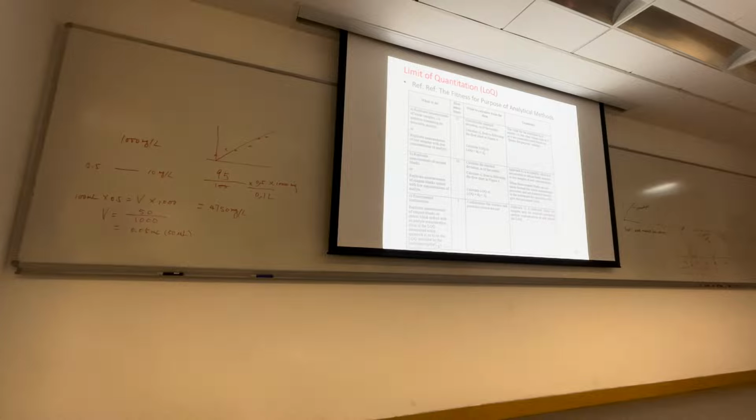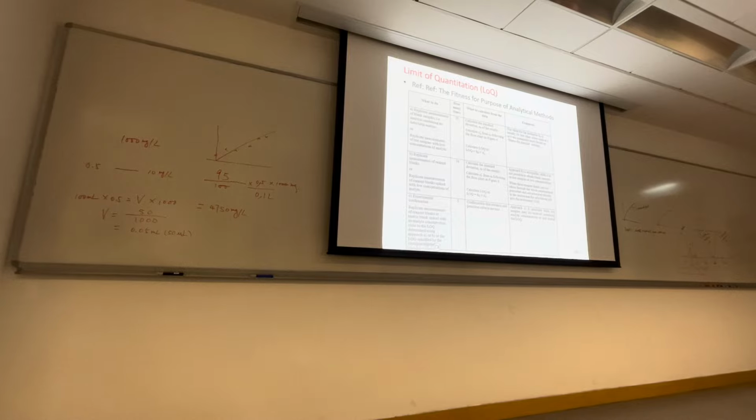And this is how you determine limit of quantification based on EURACHEM. You see a similar flow. The first one is blank, and the second one is low-level sample or reagent blank, and then low-level spike to reagent blank.